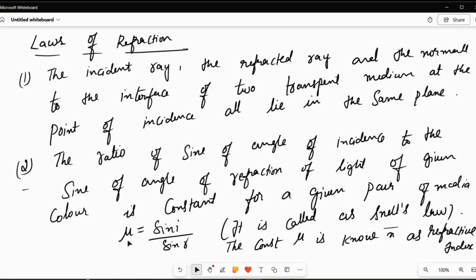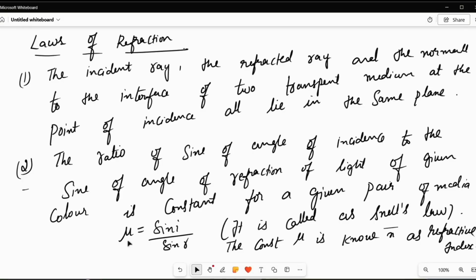For any given pair of media, the mu value will be constant for any angle of incidence, and we call it the refractive index.